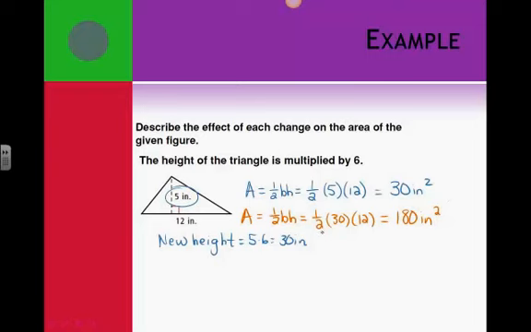So when we change the height by a multiplier of 6, it looks like we changed the area by a multiple of 6 as well.